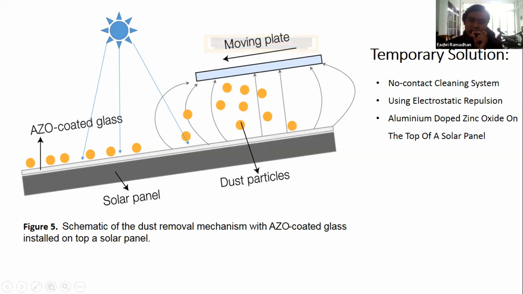Then the system can be operated automatically using a simple electric motor and wide rails alongside the panel.